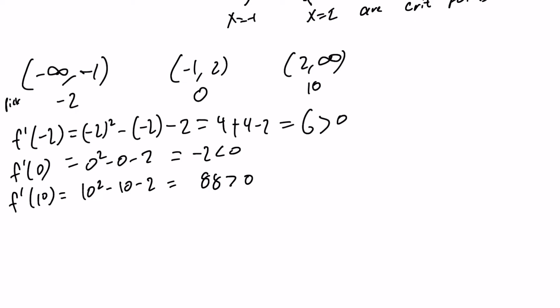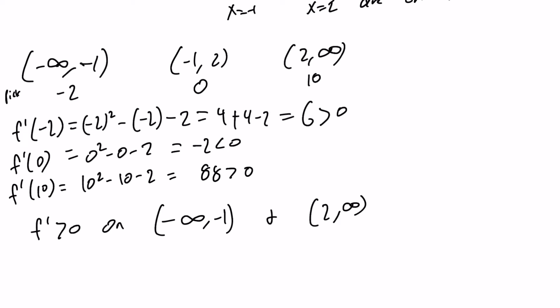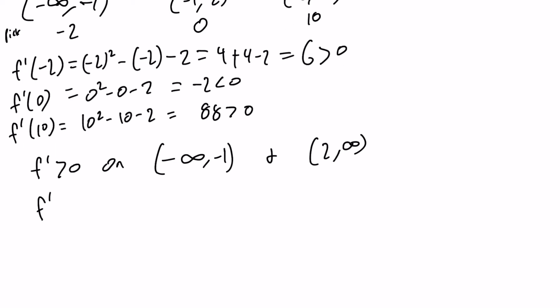So what does that mean for us? This tells us that f prime is bigger than 0 on the following intervals. The interval from minus infinity to minus 1, and the interval from 2 to infinity. And then the f prime, the first derivative, is less than 0 on the interval from minus 1 to 2.